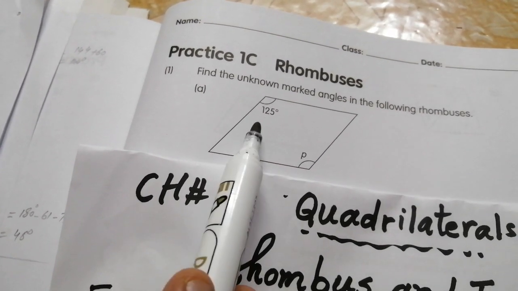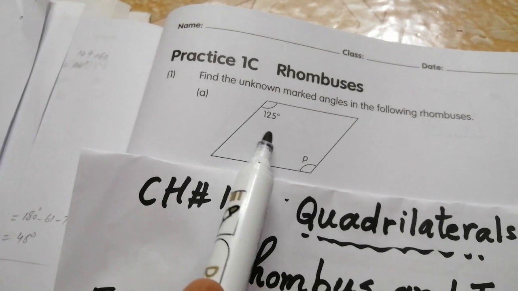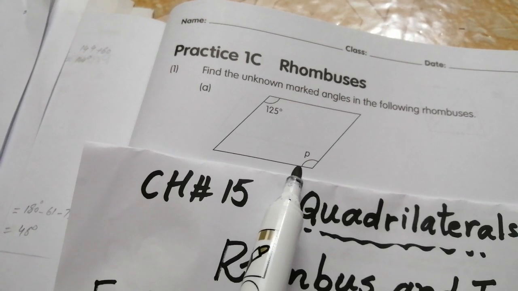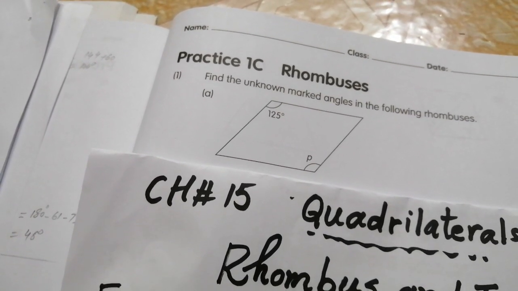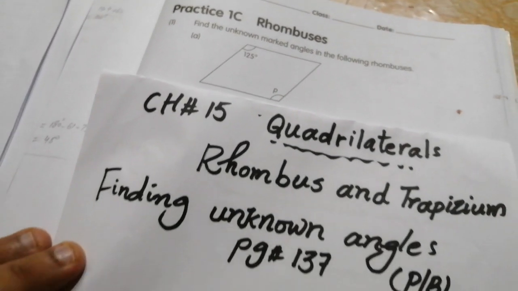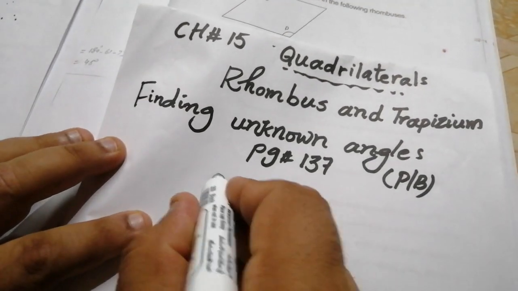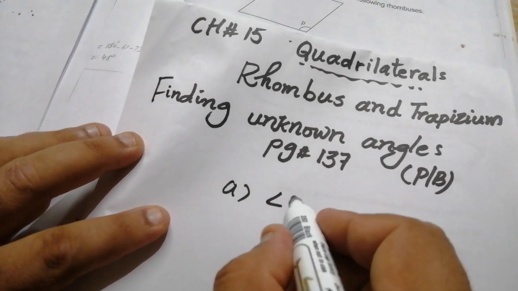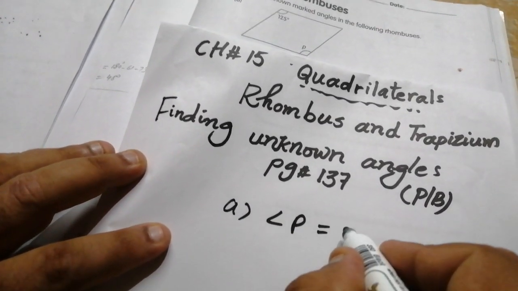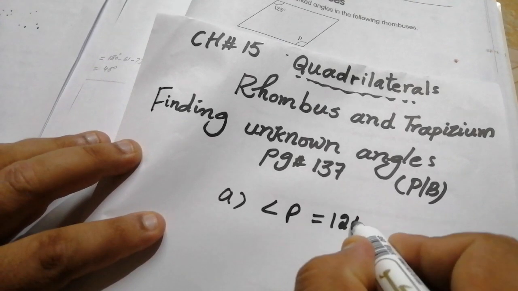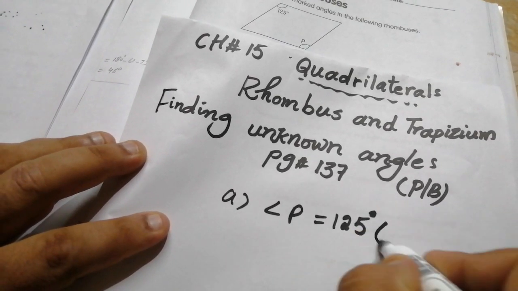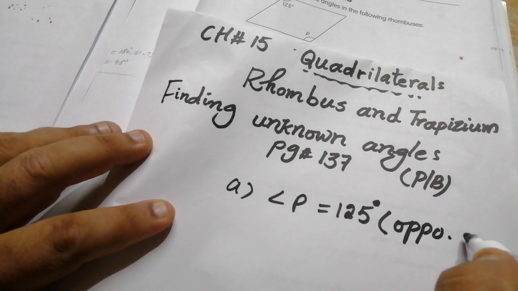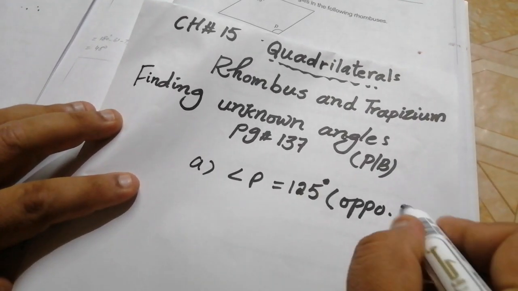So 125 is given, and angle P is right opposite to it. So we can write, part A, angle P that we're going to find is equal to 125 degrees, and in the reason you can say opposite angles are equal, right?